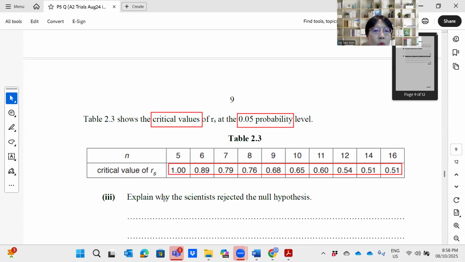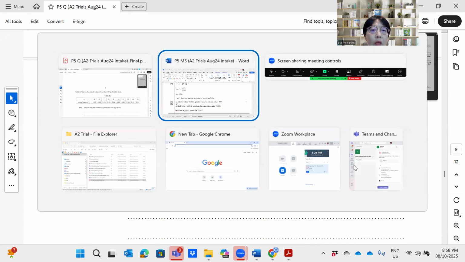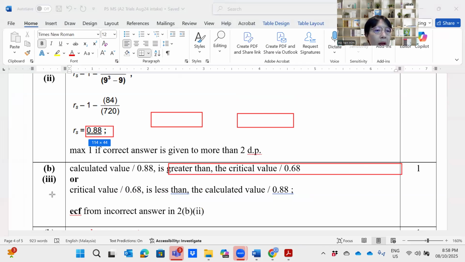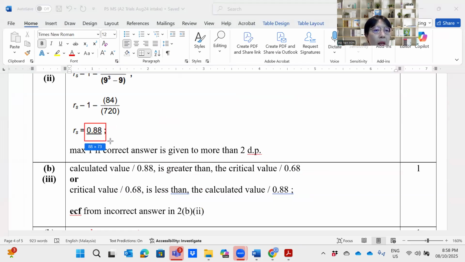So the calculated rs value is 0.88, and the total number of samples is 9.